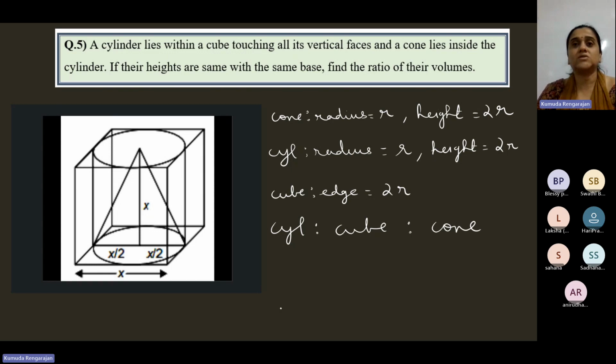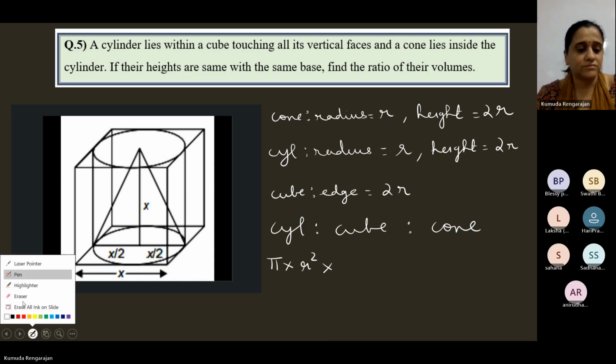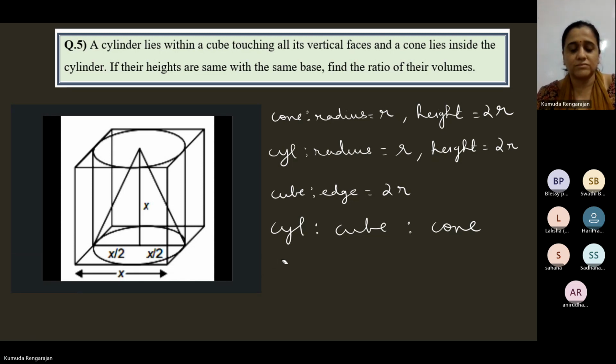All right. So for the cylinder, what's the formula to find volume? Pi r square h. Substitute: pi r square into h, and h is 2r.